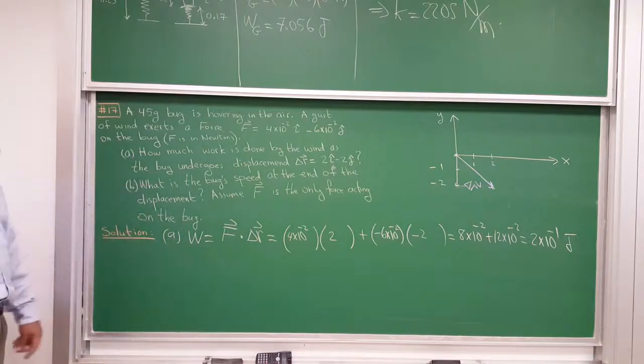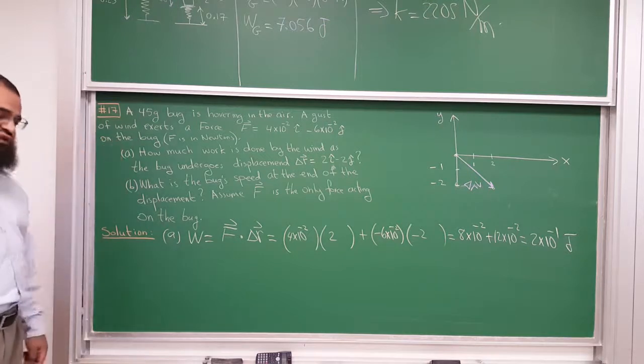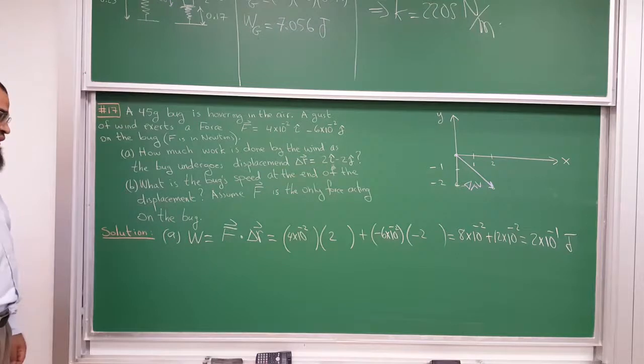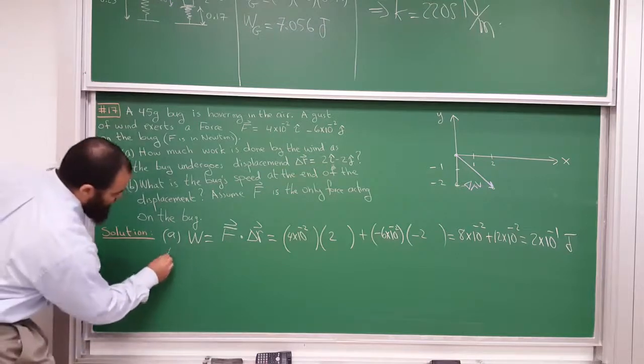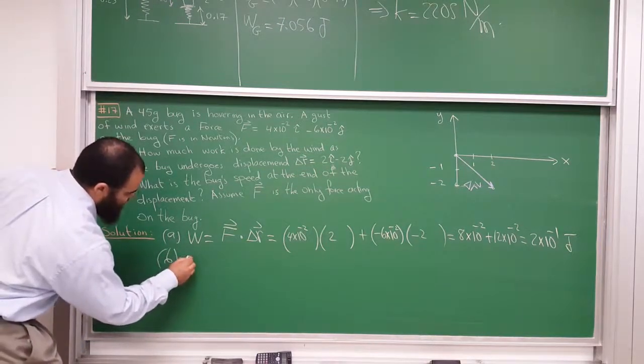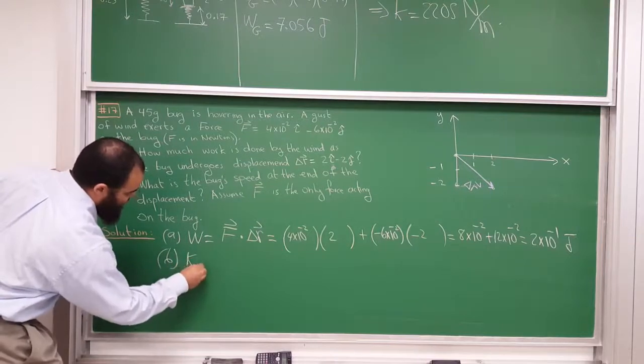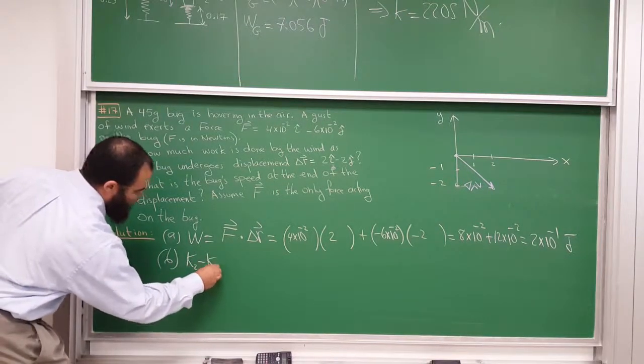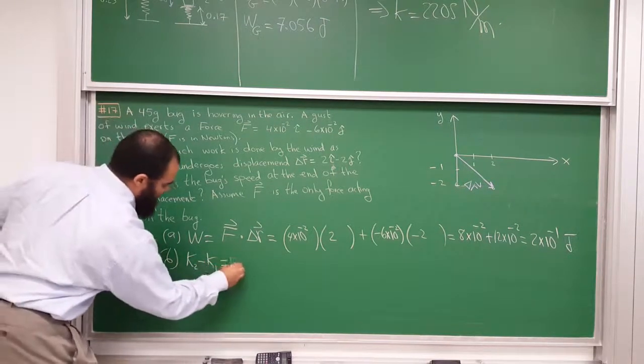Now it says, what is the bug's speed at the end of the displacement? Assume F is the only force acting on the bug. We use the work energy theorem. The bug is just hovering, so its initial speed is 0. And so the change in kinetic energy, meaning the kinetic energy at the end minus the kinetic energy at the beginning, will equal the work done.